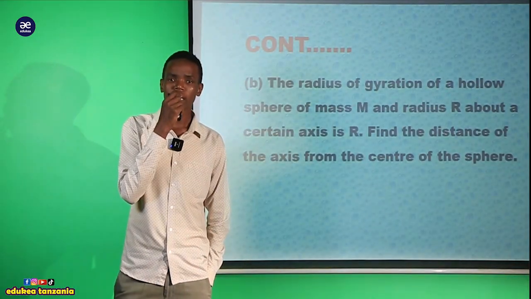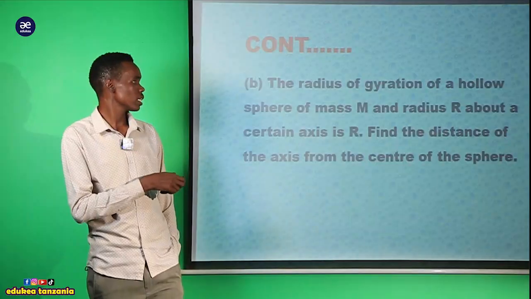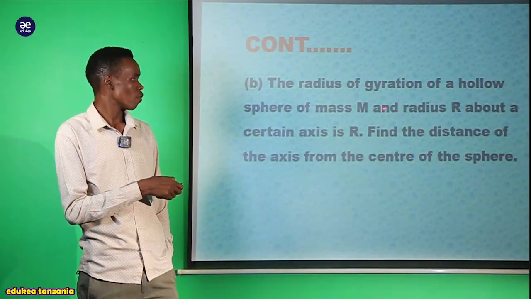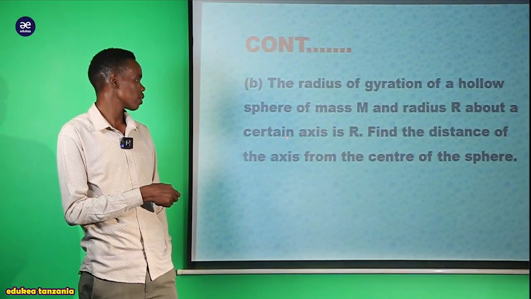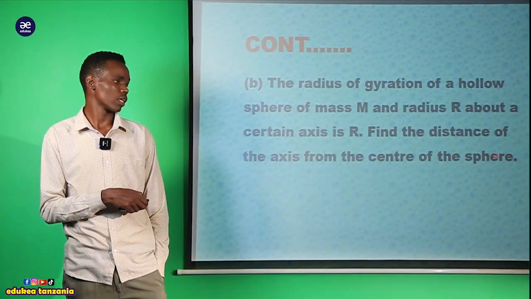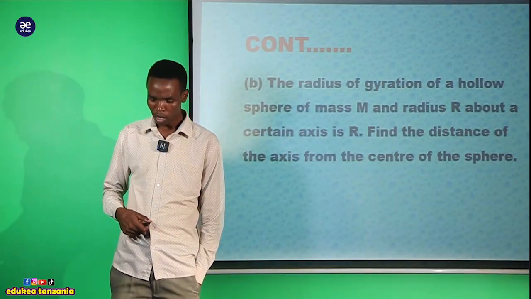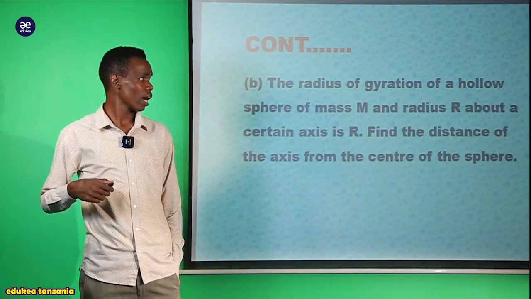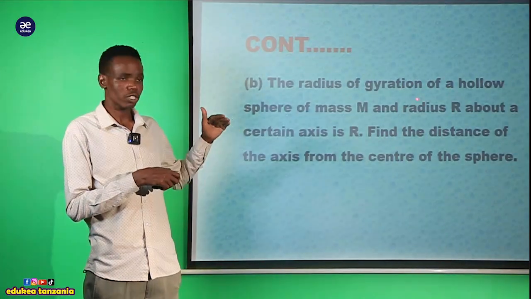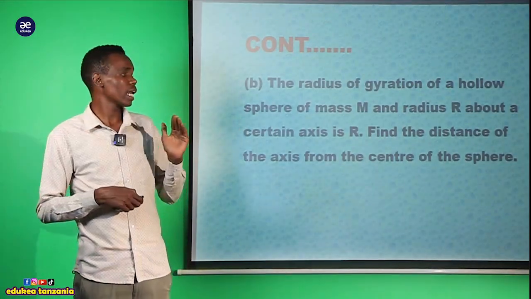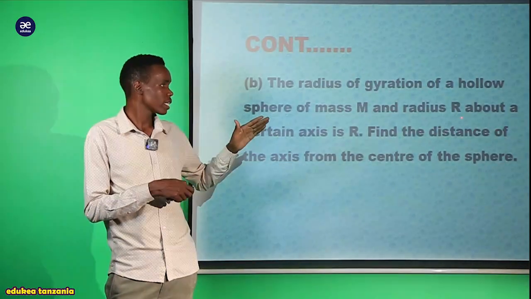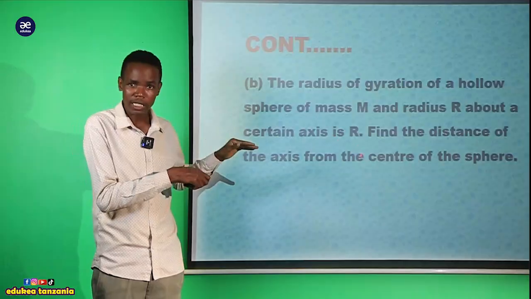But on Roman B, we were supposed, my dear students, to identify the radius of gyration of a hollow sphere of mass m and radius r about the axis, and find the distance of the axis from the center of the sphere. Now imagine on Roman B we have the hollow sphere containing the radius of gyration and also the mass m, while the radius about the central axis is r.